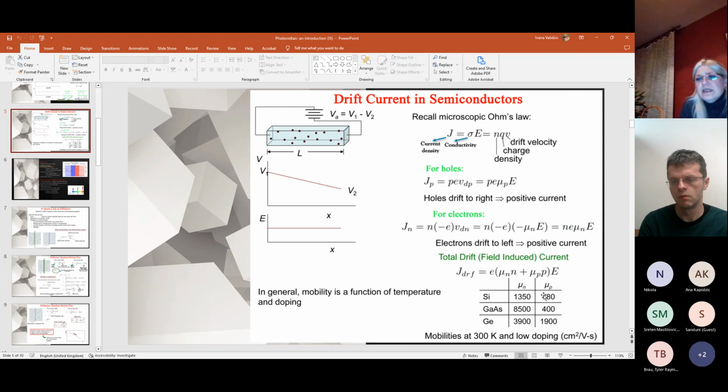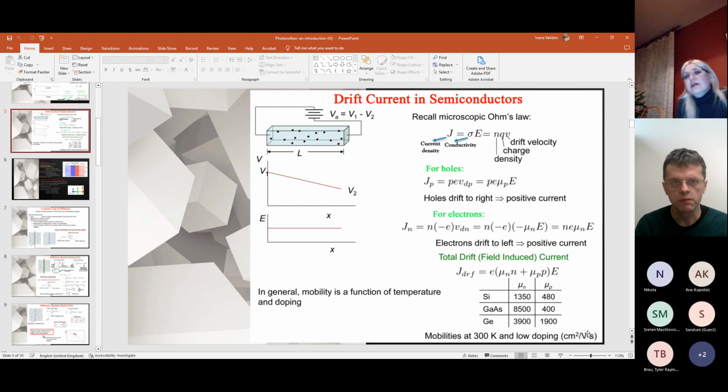So I said here, you can see that the mobility of electrons and holes changes depending on the semiconductor. Usually the mobility of electrons and holes is also related to their effective masses.